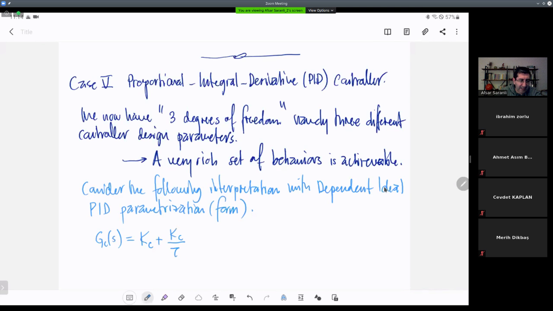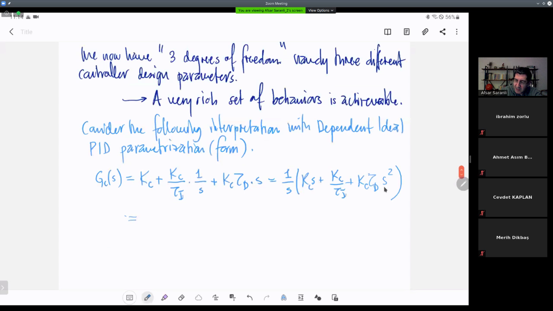Let me also take Kc tau d into parentheses. So that's going to be Kc tau d. In the denominator, I will have an s. So that's going to be s squared, a quadratic, plus 1 over tau d times s plus 1 over tau d tau I.